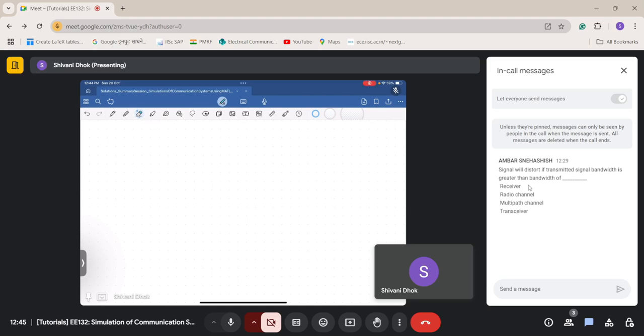Ma'am, last year they gave the answer key, it is multipath channel. This time they have given radio channel. Yeah, let me see once. Because the options themselves are a little bit weird. Did they upload any detailed answers?